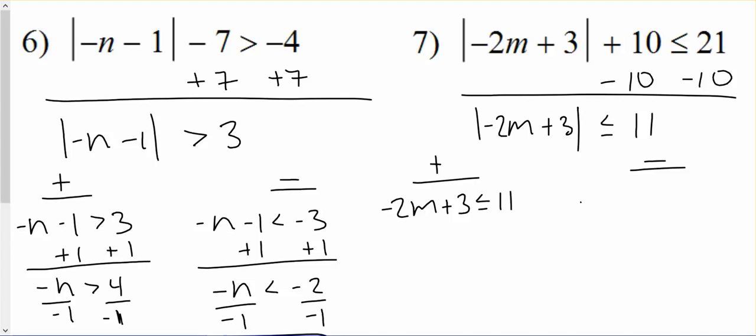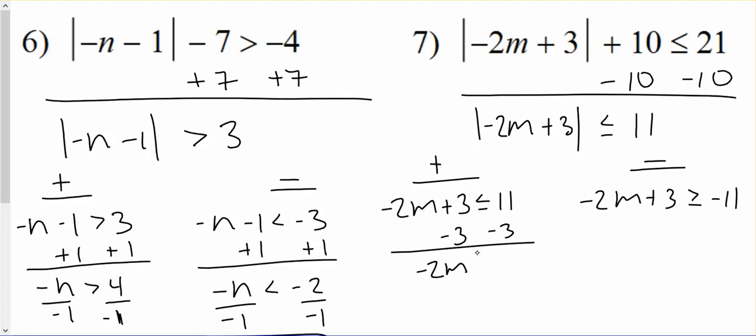On our other side, negative 2m plus 3, change the inequality symbol and make that 11 a negative 11. Don't forget to do that. From here, we're solving equations just like we normally would. We're going to subtract 3. Negative 2m is less than or equal to 8. Divide by negative 2.